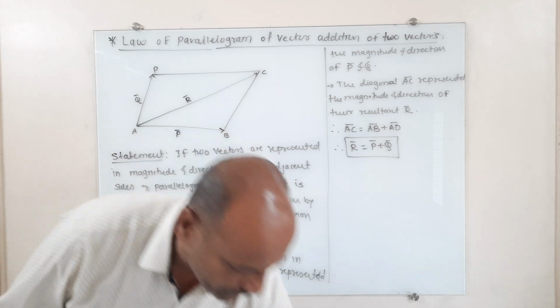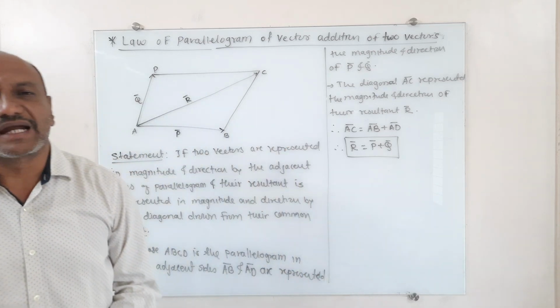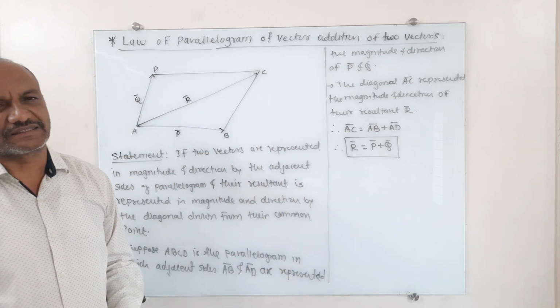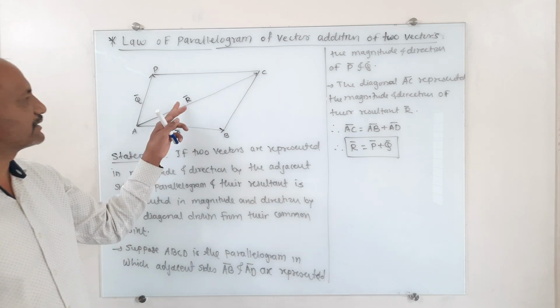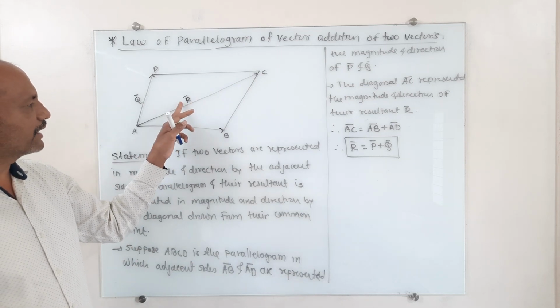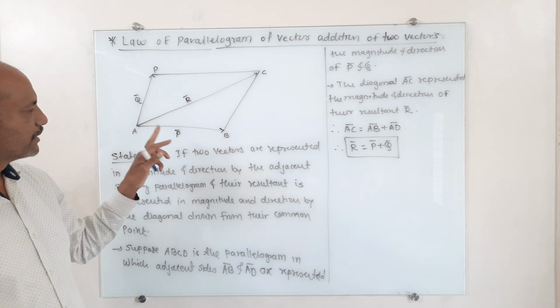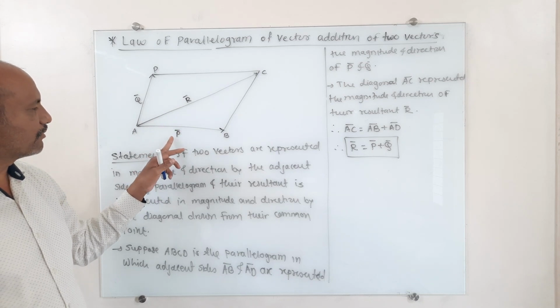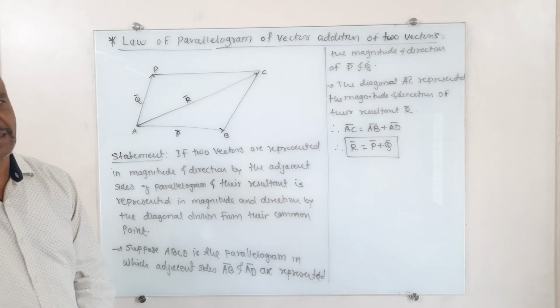Now, we are going to determine the magnitude and direction of resultant vector R bar in terms of magnitude and direction of P bar and Q bar.